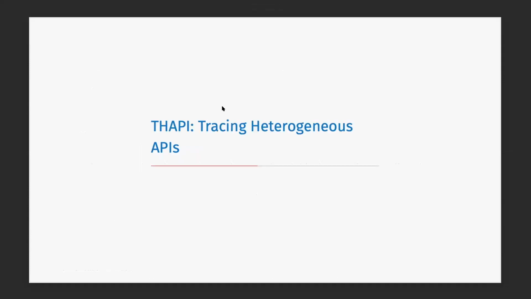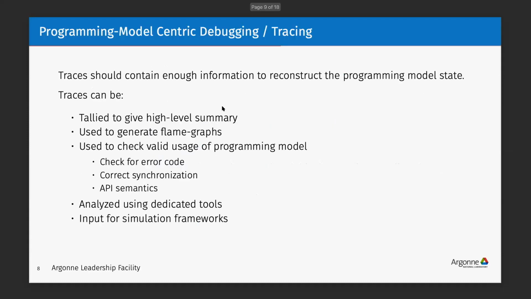So we came up with THAPI, our Tracing Heterogeneous APIs library. The idea is we capture all this information I've been talking about in a trace, and then we can study those traces to give high-level summaries. That's what most of our users are using it for.